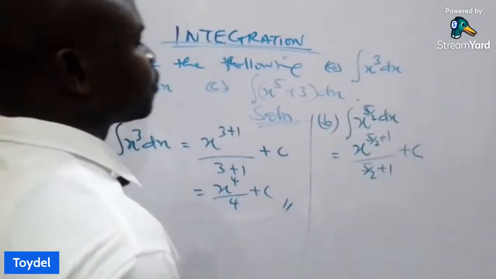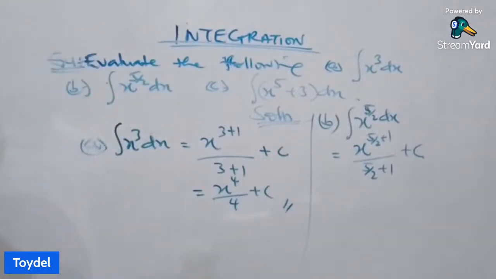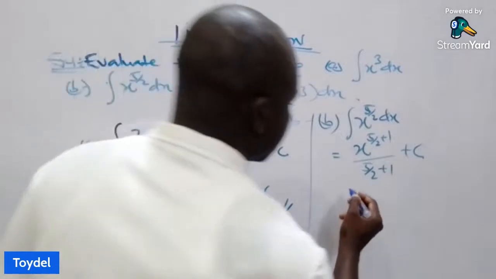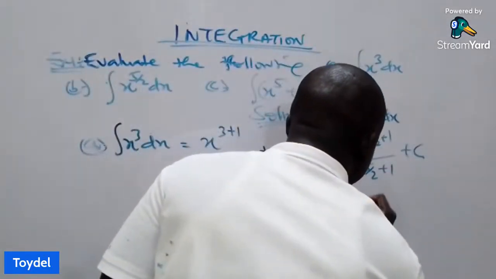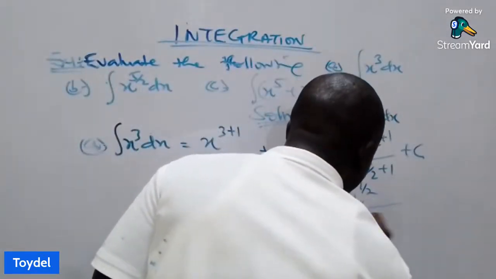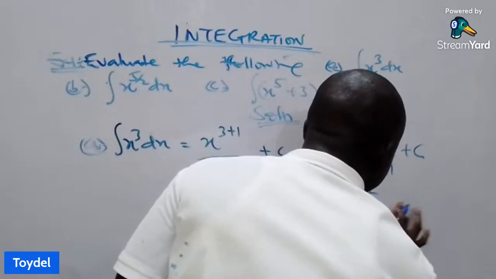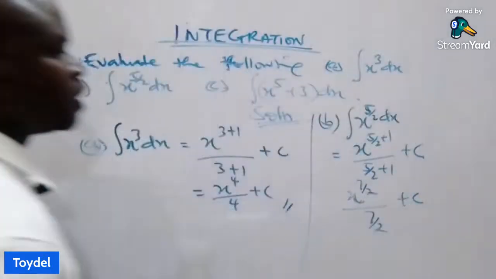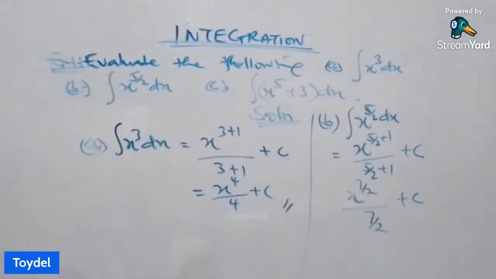So what is 5 all over 2 plus 1? That will be 7 all over 2, because 5 over 2 is 2.5, so that will be 3.5. So we are going to have s raised to the power 7 all over 2, all over 7 all over 2, plus arbitrary constant. The denominator 7 over 2 simply means that everything is divided by 7 over 2.